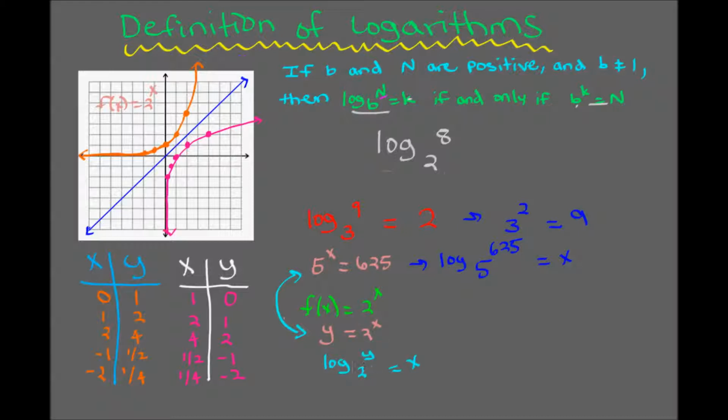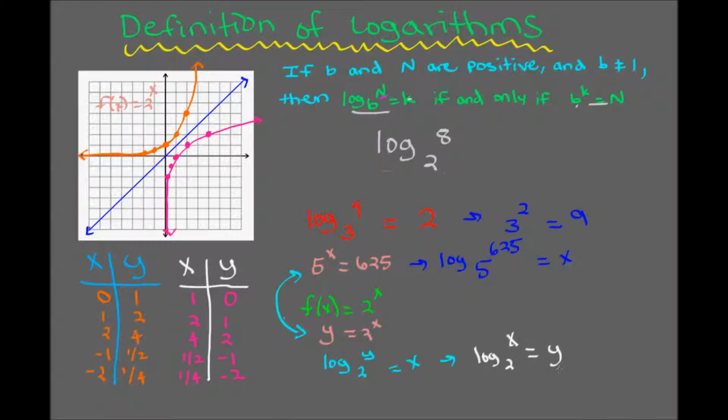Log base 2 of y is equal to x is the same line as y is equal to 2 to the x. So this is not the inverse equation. That's what you have to remember. To find the inverse, you have to switch the variables. So we switch x and y, and we get log base 2 of x is equal to y.